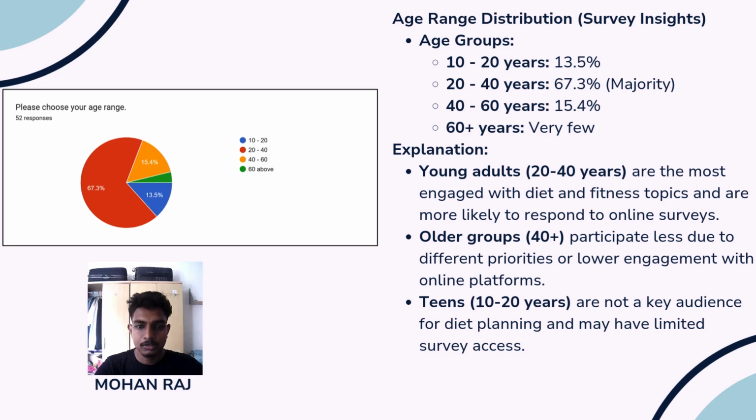So the young adults, 20 to 40 years, are the most engaged with diet and fitness topics and are more likely to respond to online surveys. The older group, 40 plus, participate less due to different priorities or lower engagement with online platforms. And the teens, 10 to 20 years, are not a key audience for diet planning and may have limited survey access.